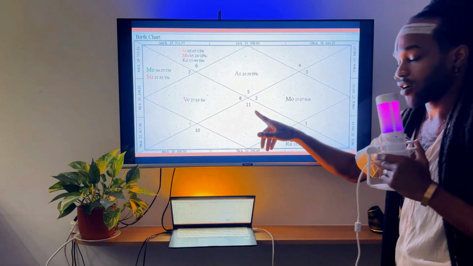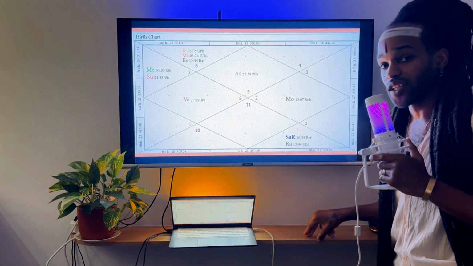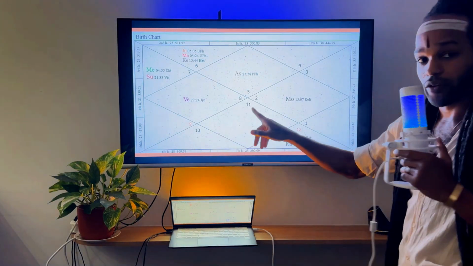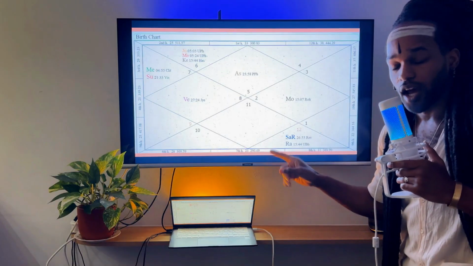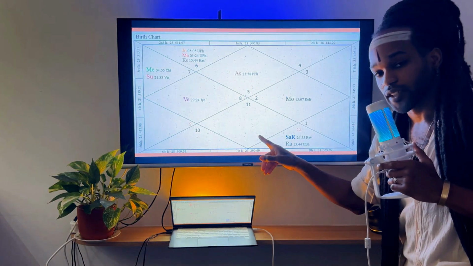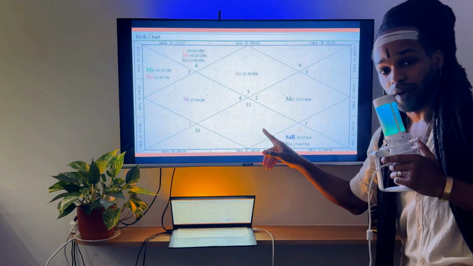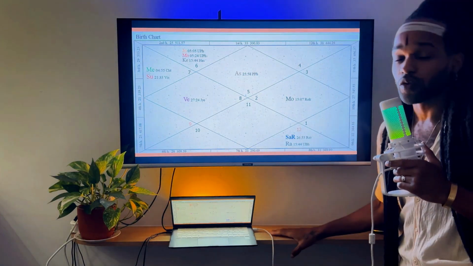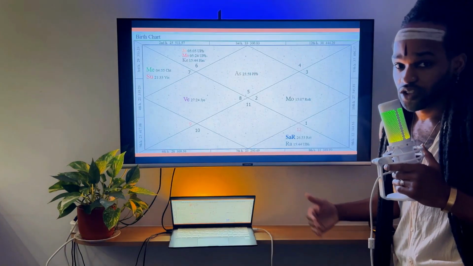And the one that rules Aquarius is not only Saturn. Saturn rules Capricorn and Aquarius. Aquarius is also ruled by Rahu. And Rahu, as we know, is illusion and delusions.